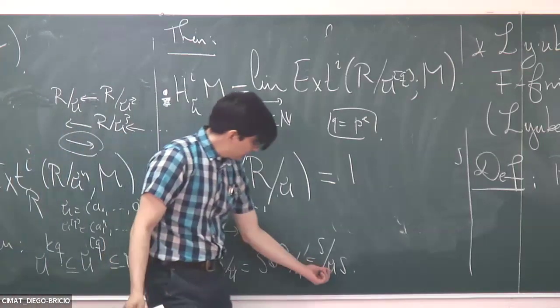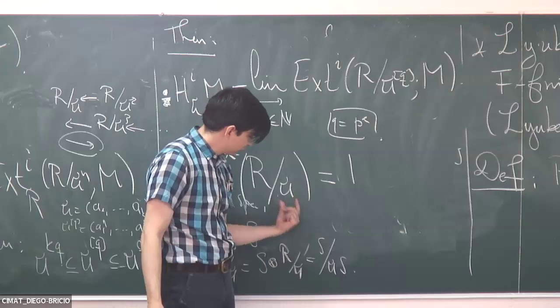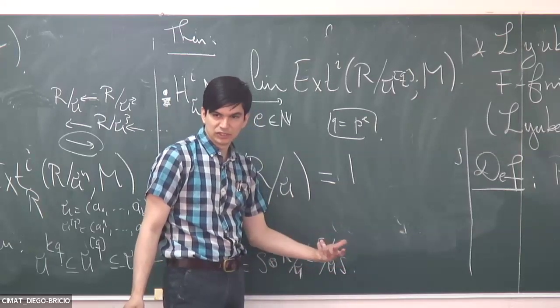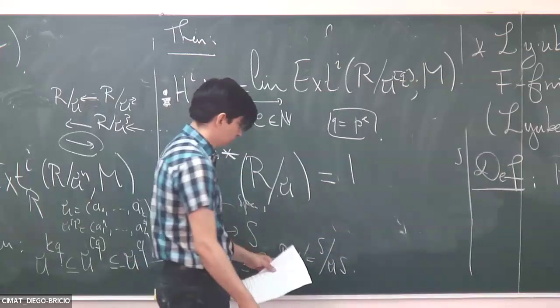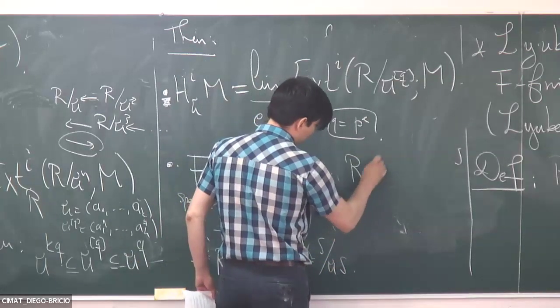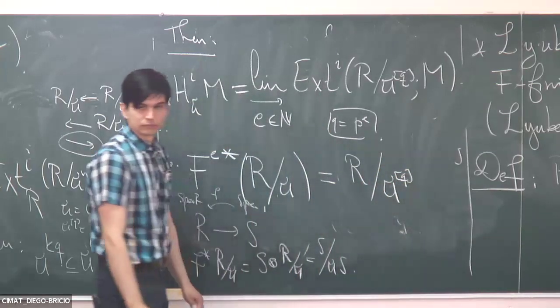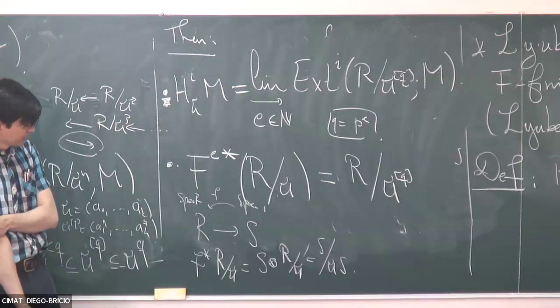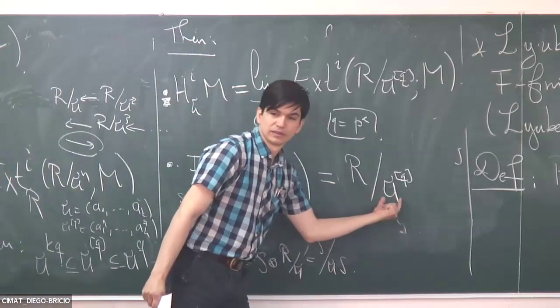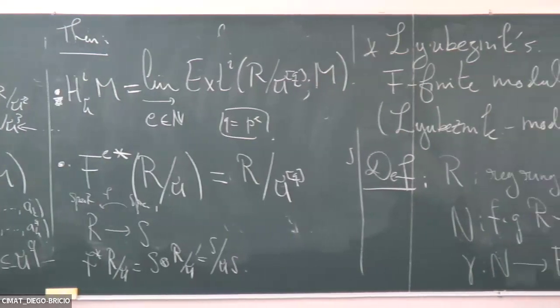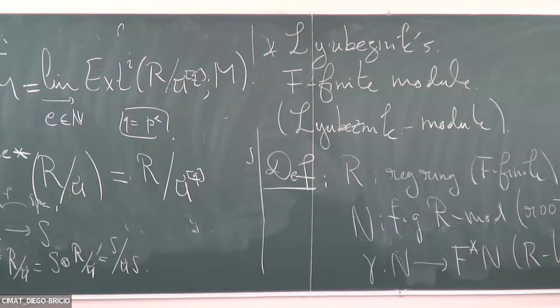Here we have to take the extension of A along Frobenius. That has a special name: the definition of that extension is the Frobenius power. So here we're going to have R modulo A to the Q. If you want, this is the definition. What that implies is the following.